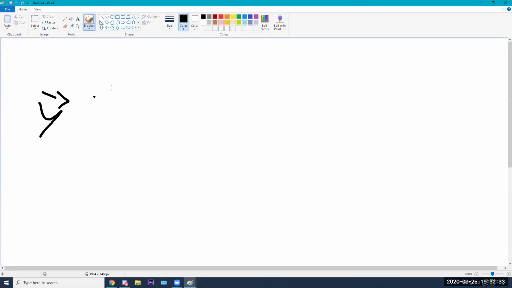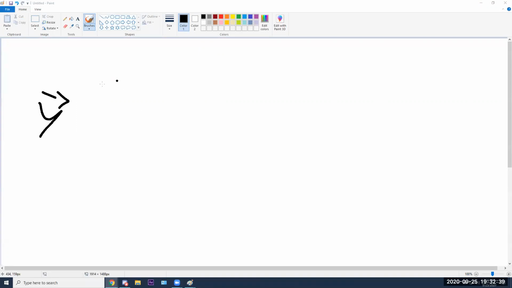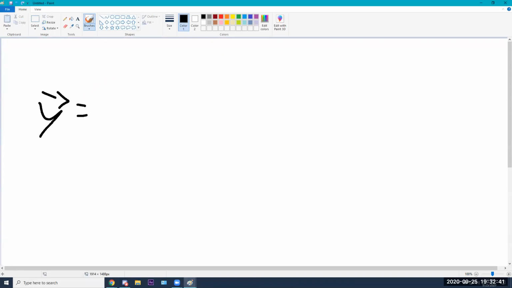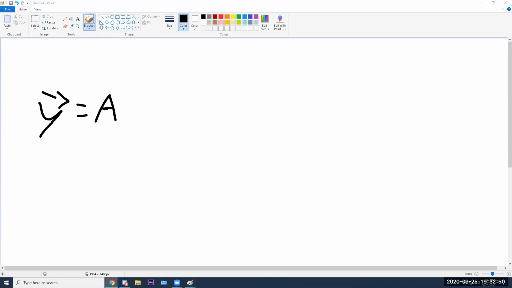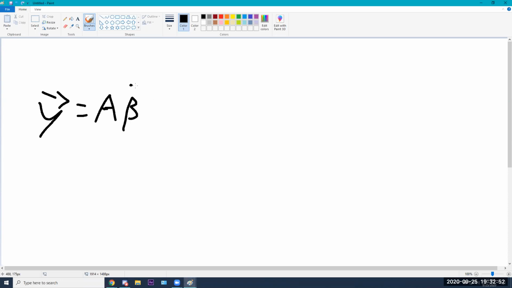So I'm just going to write the simplified version here: y equals A times the B vector plus the error vector.